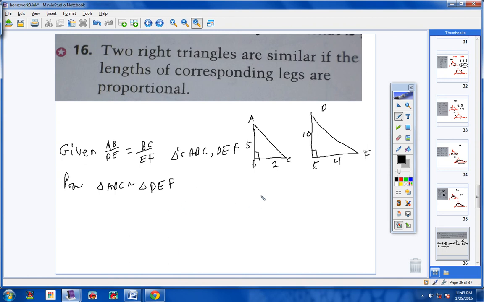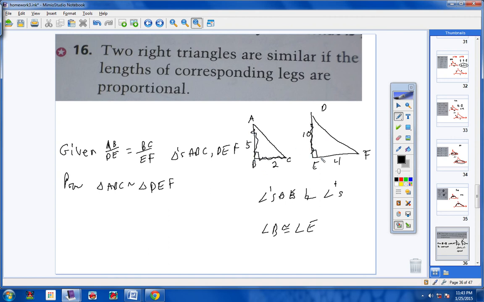All you'd want to do is state that angles B and E are what type of angles? Right angles. Then you'd want to state that angle B is congruent to angle what? Angle E. And then you're all done, because you're already given that the sides are proportional.